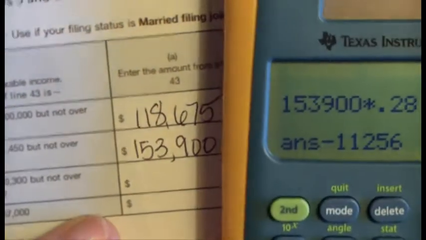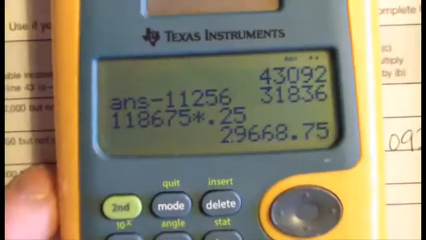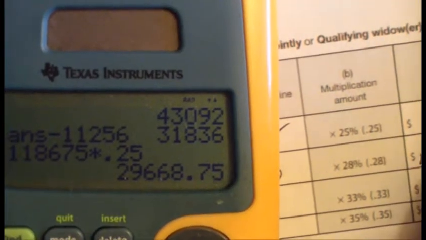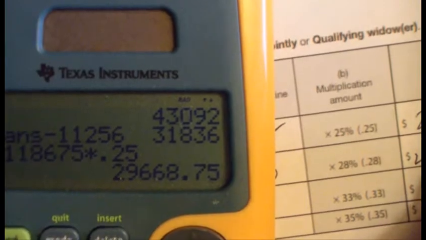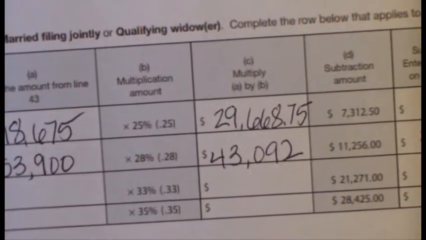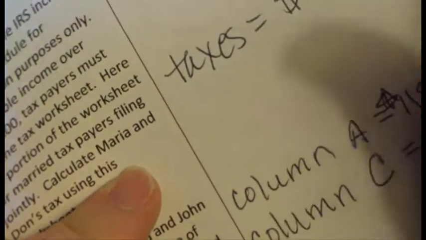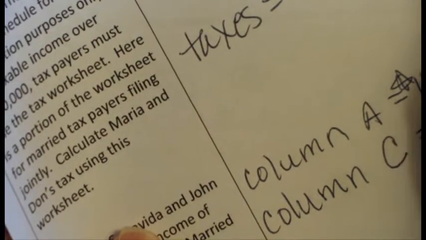So 118,675 times 0.25 is $29,668.75. So that's our column C total.